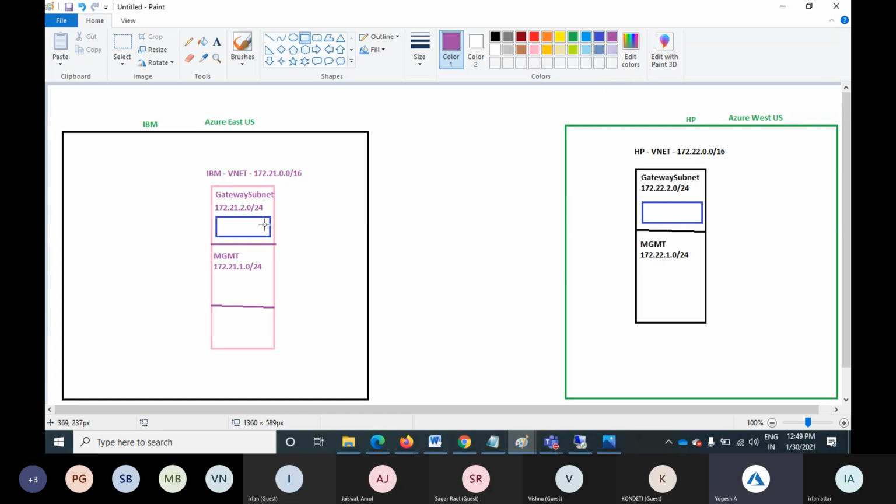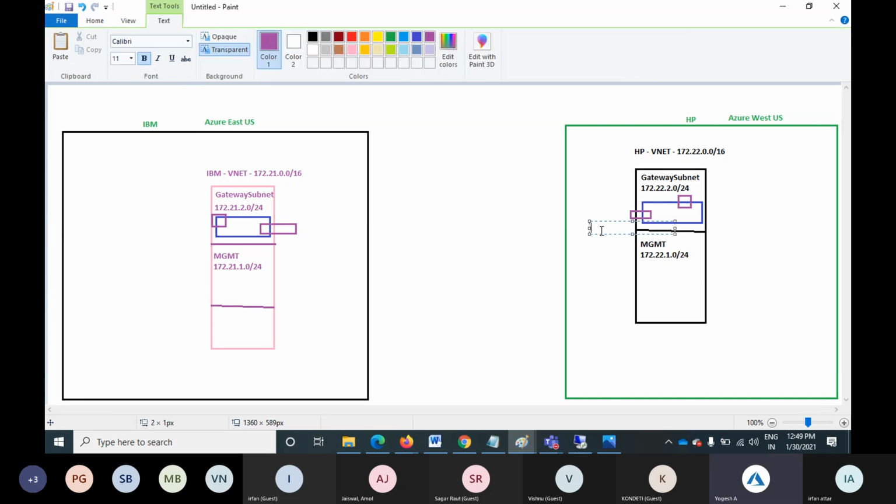This is the default behavior. This is the WAN interface, and this is the LAN interface. The WAN interface Microsoft deploys with the public IP.